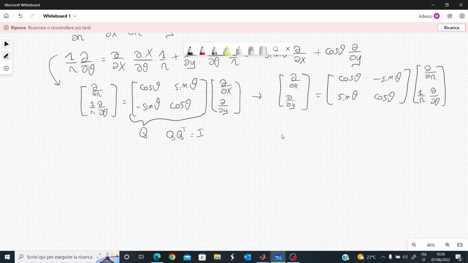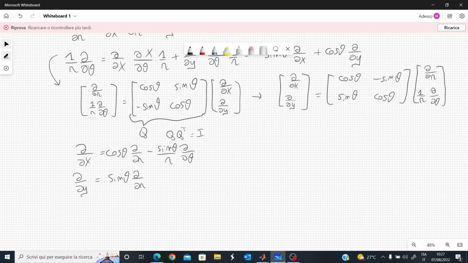And therefore we also find an expression for the derivatives: d over dx equal to cosine theta d over dr minus sine theta over r d over d theta, and d over dy equal to sine theta d over dr plus cosine theta over r d over d theta. And therefore we can rewrite dfx over dx plus dfy over dy.